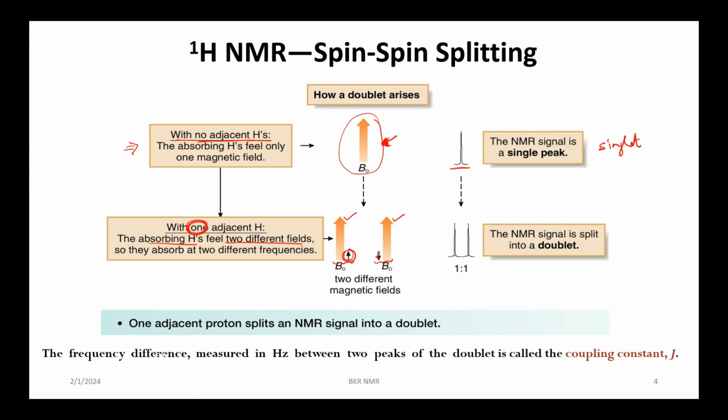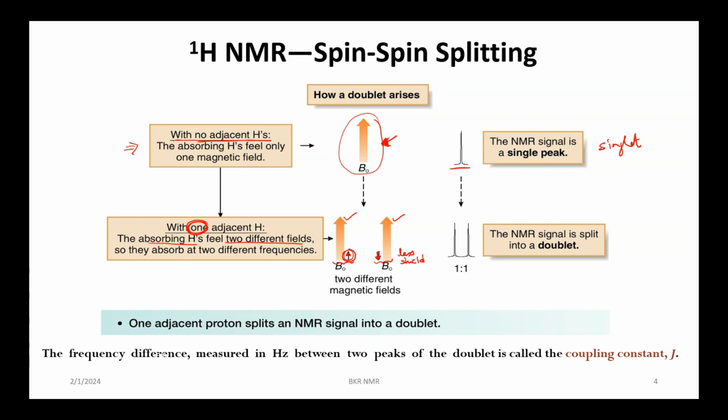Here the neighboring proton's spin is opposing the external field. Therefore, the field felt will be less, and such a field will shield the hydrogen in question.